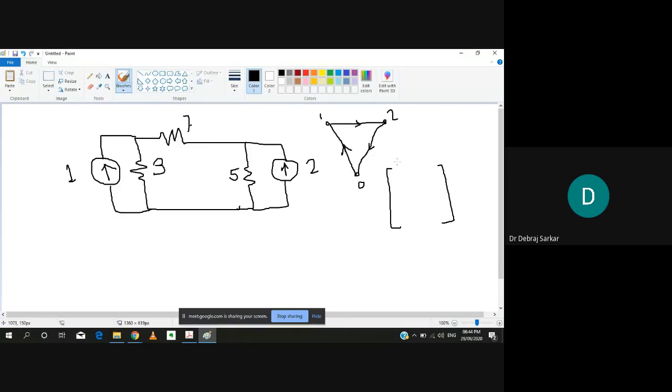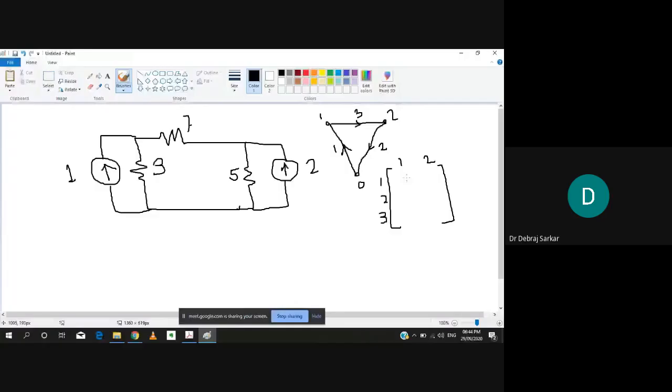Now you tell me, what are the columns? Columns are nodes, right? So you have node 1 and node 2. The rows are elements: element 1, element 2, element 3. What is the first element, A11?